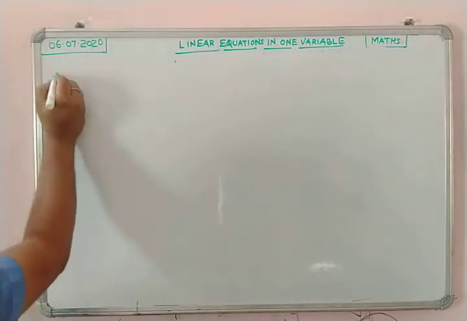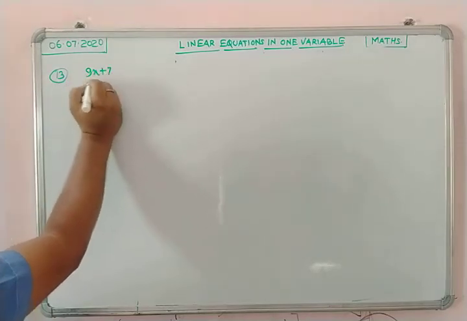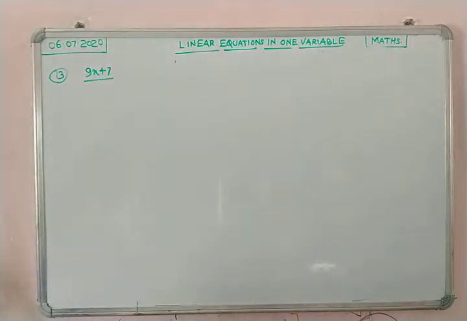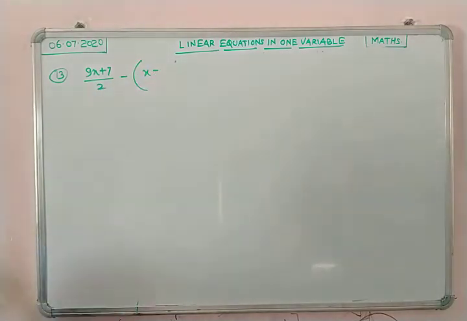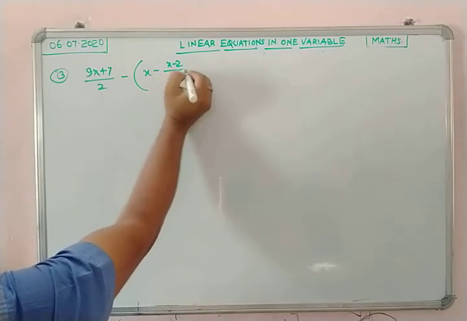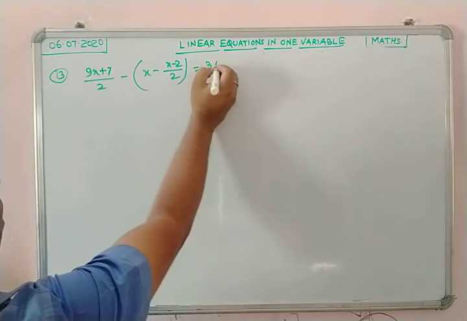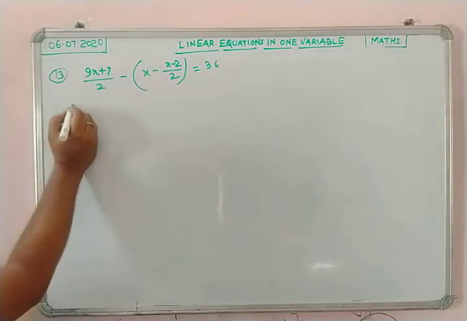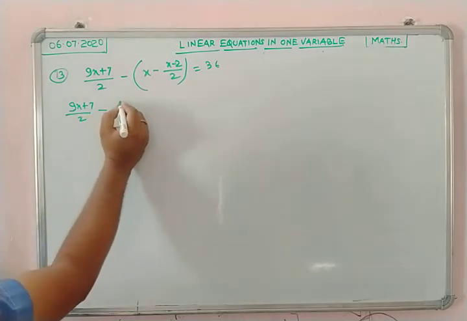Question number 13 is 9x plus 7 by 2 minus {x minus (2 by 2)} equals 36. So 9x plus 7 by 2 will be written as it is.